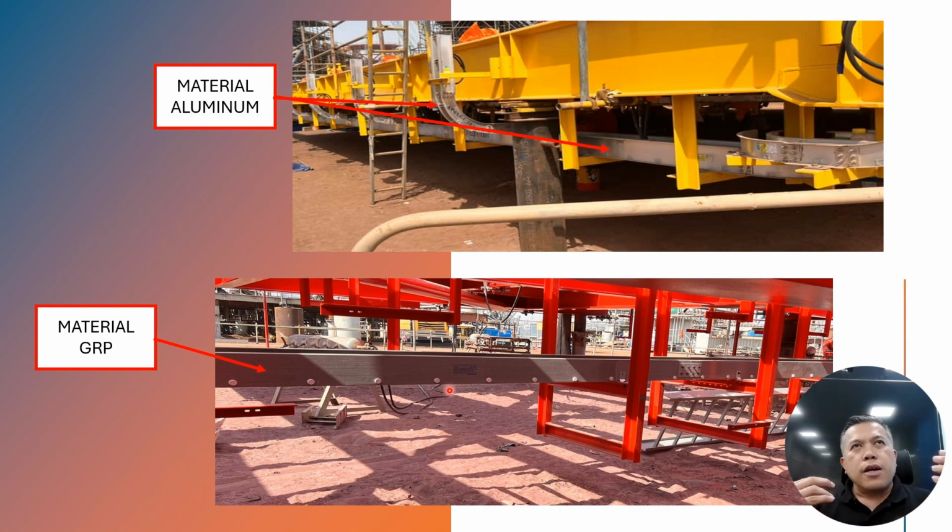So if you are in engineering, quality or construction, of course we need to follow our company's specifications and standards. So this is information that you need to know about the cable tray materials.